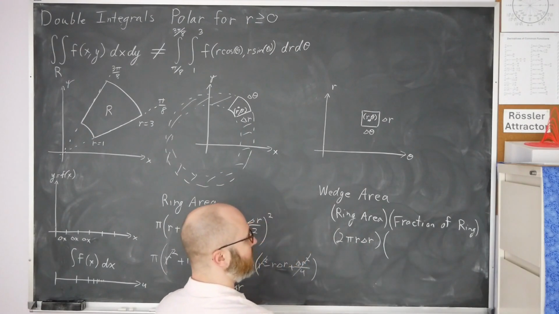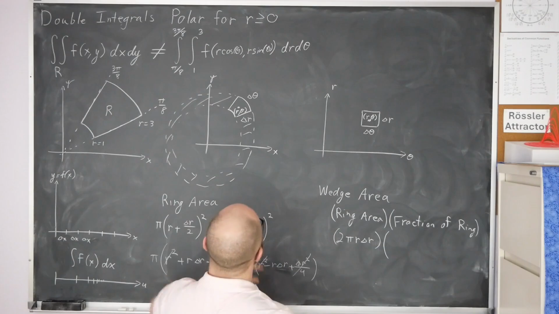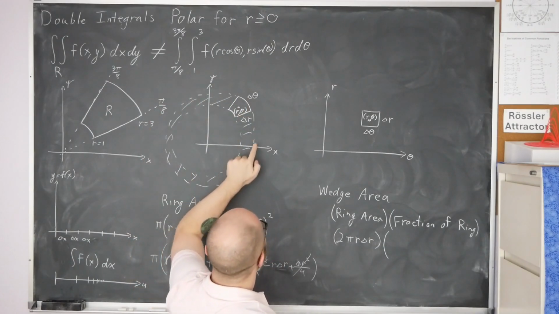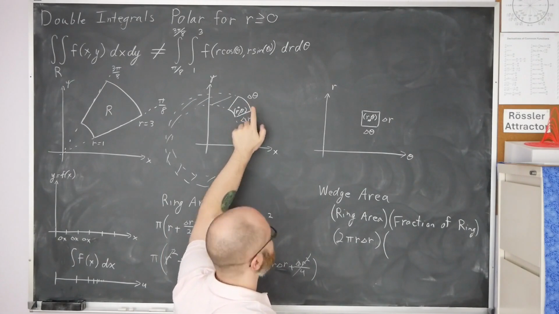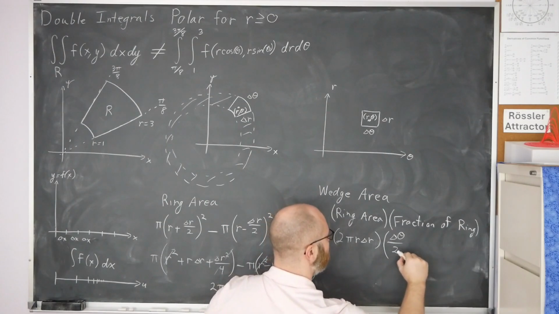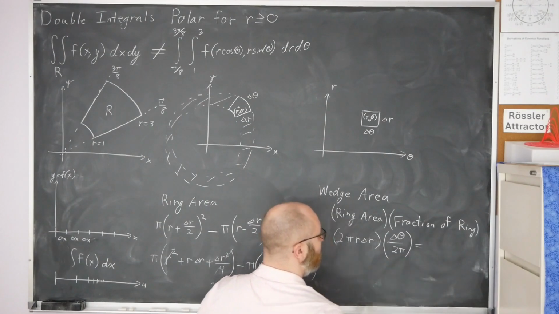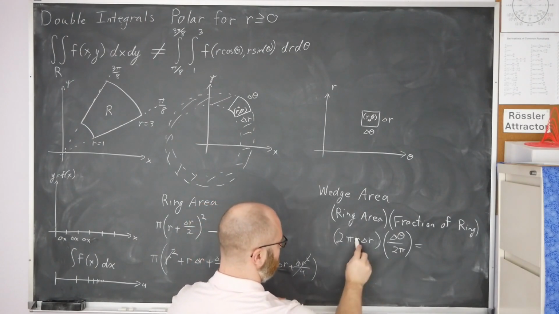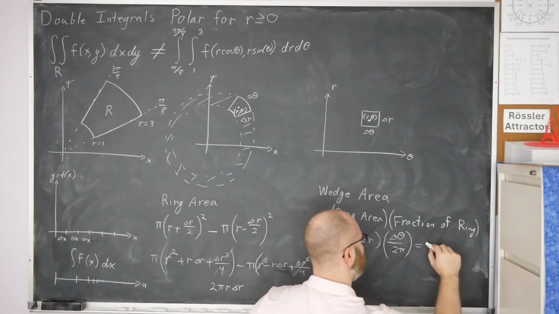And then the fraction of the ring, well the entire ring, all the radians, that would be 2 pi, but I only have delta theta of those radians. So the whole fraction is delta theta over 2 pi. So we multiply that, the 2 pi's cancel, and then we end up with r delta theta.